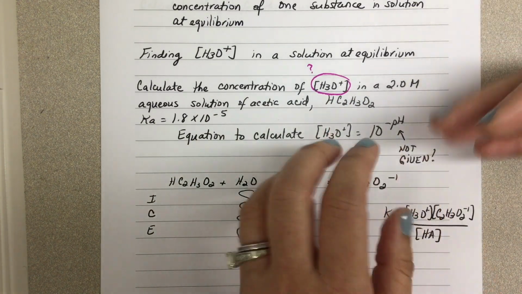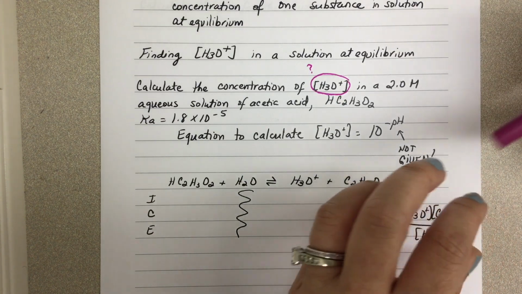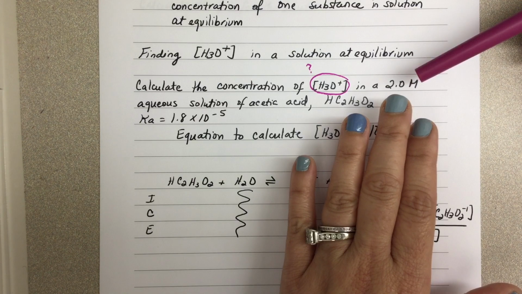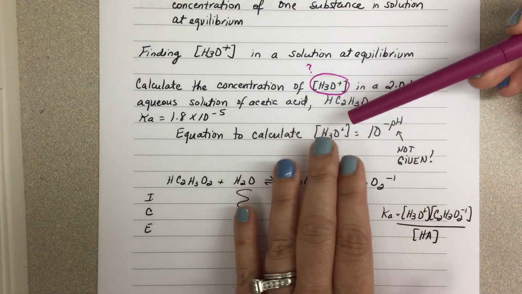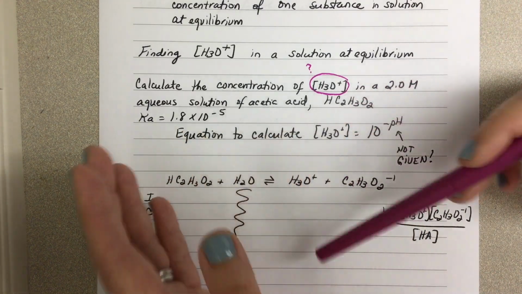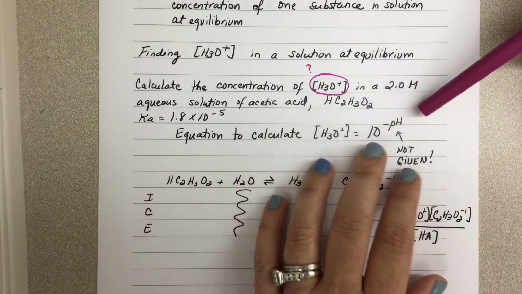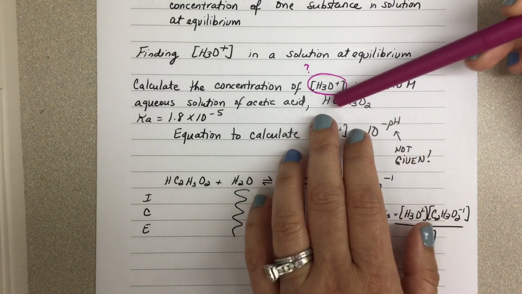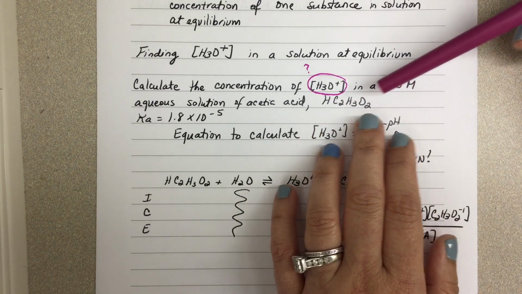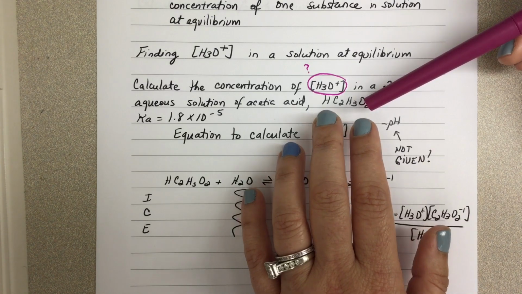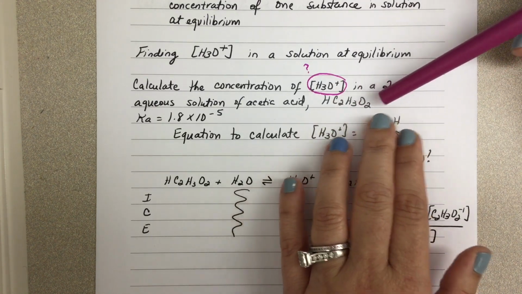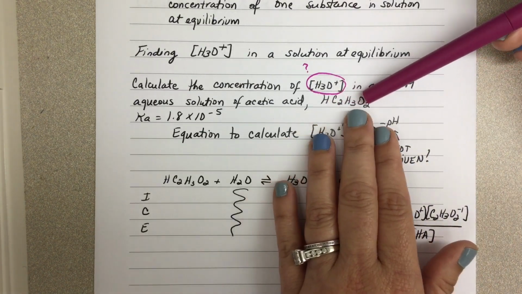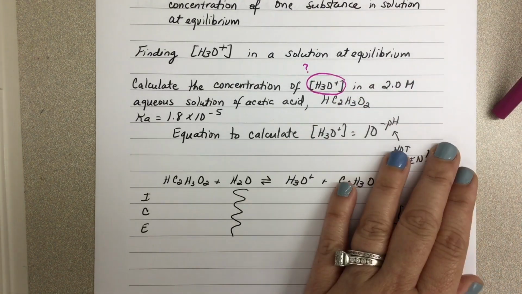If you have a strong acid, you can use the concentration of the acid to predict the concentration of hydronium, and with that you can calculate pH. But when your acid is weak, even though you have 2 molar as the concentration of your acetic acid, this is a weak acid, and not all of your acid is dissociated in solution, which means that you're not going to get all as hydronium in solution.